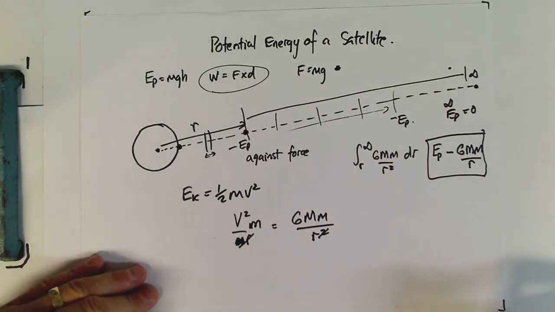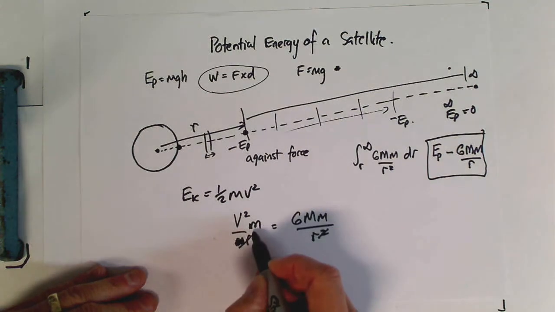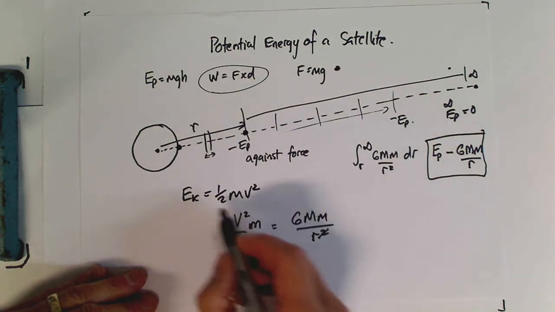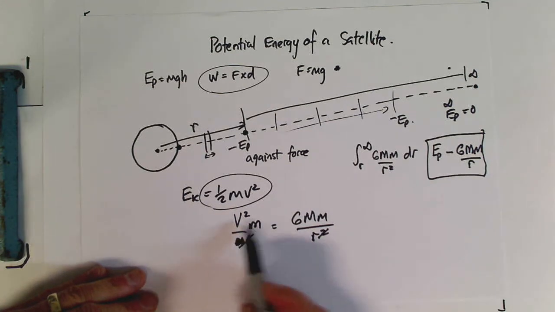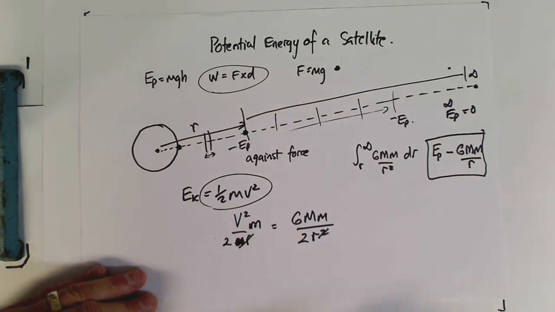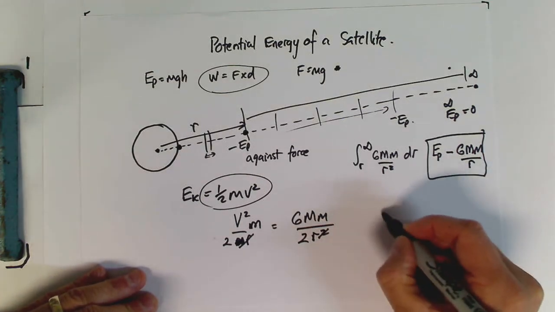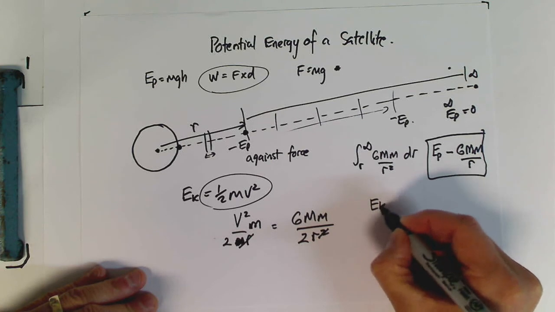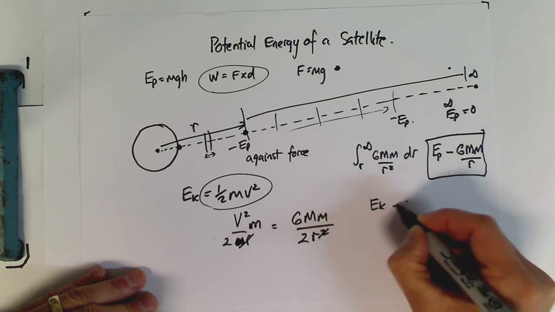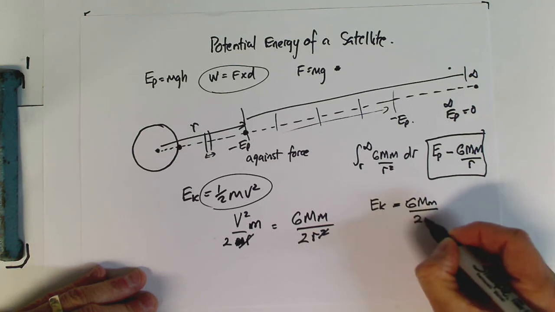Cross out the r's. We've still got GMm over r. We don't want to get rid of the m's this time because we're trying to make a formula for half mv squared, and we've already got the mv squared. So all we need to do is divide both sides by 2, and we've got a formula for kinetic energy. So kinetic energy equals big G, big M, little m, all over 2r.